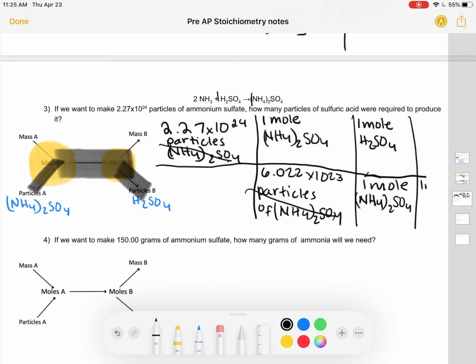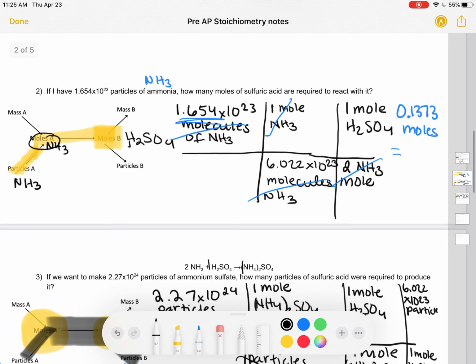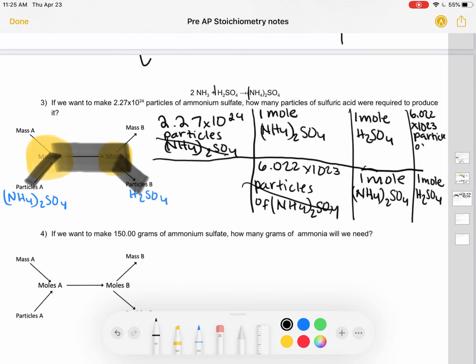And for every 1 mole of H2SO4, you get 6.022 times 10 to the 23 particles of H2SO4. Okay. So moles of ammonium sulfate cancels, moles of sulfuric acid cancels.